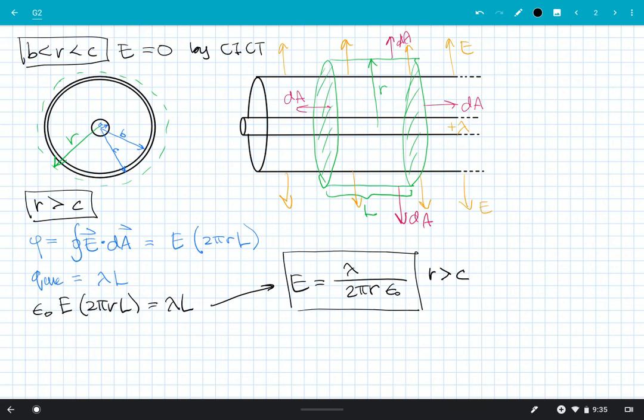One of the cool things about Gauss is that it relates the flux to enclosed charge. That reminds us that whenever we have a net charge enclosed in our Gaussian surface, we're going to have non-zero flux. We can count on that. So it's pretty simple. That's nice in that way.